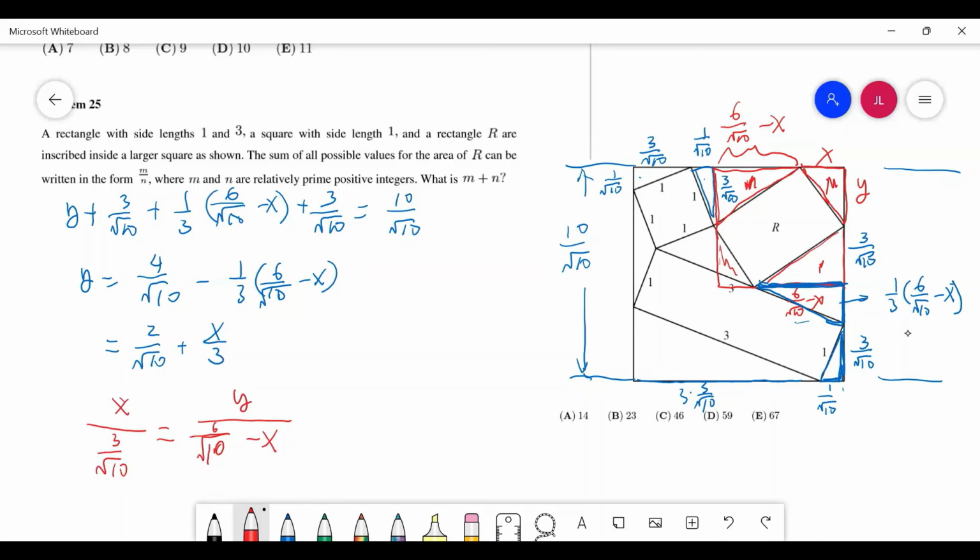So I'm going to plug in y equal to 2 over square root 10 plus x over 3.